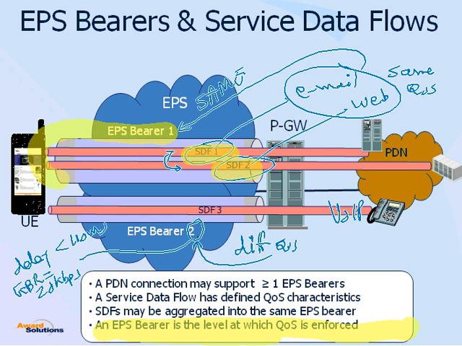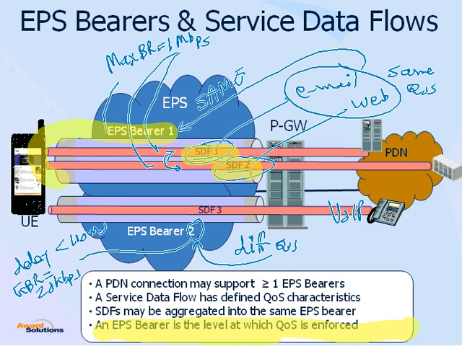So if we have two service data flows here, then we will say that we will have a maximum bit rate of 1 megabit per second, let's say. But within that 1 megabit per second, how much for email, how much for web browsing? No distinction. We do not separate them. The total is 1 megabit per second.